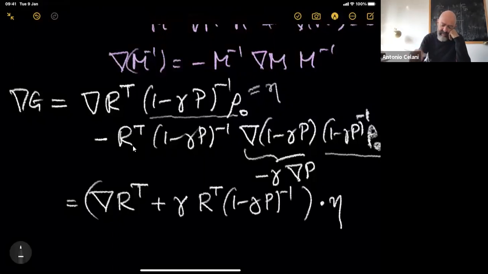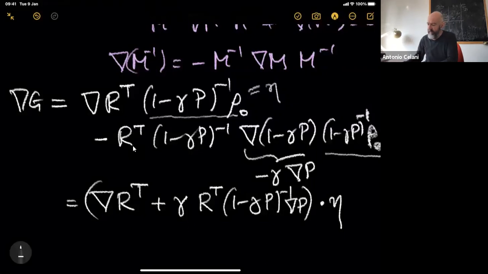Again, I'm just at this level, there's grad P here. At this level, I'm just doing some manipulations, rewriting things. Very good. Now we are closing in on the calculation of this gradient.